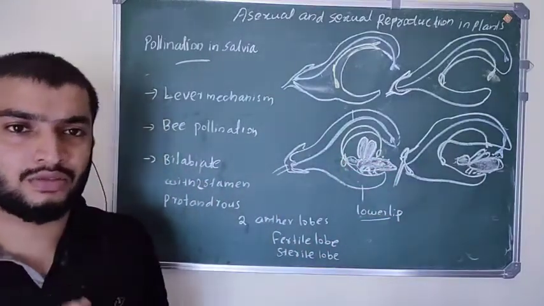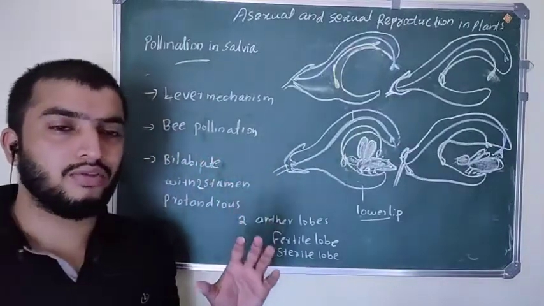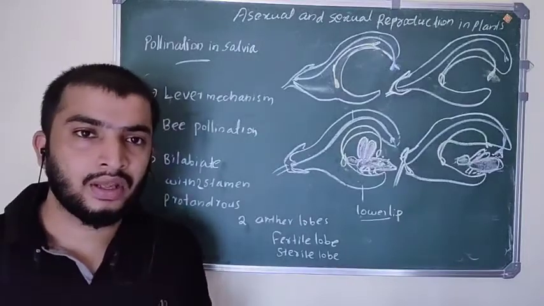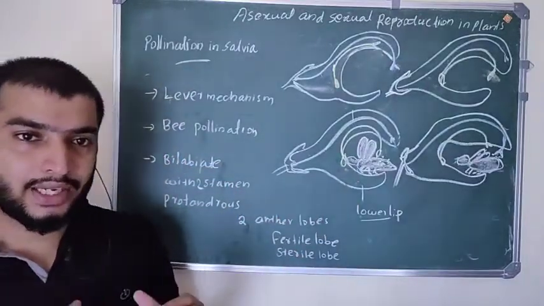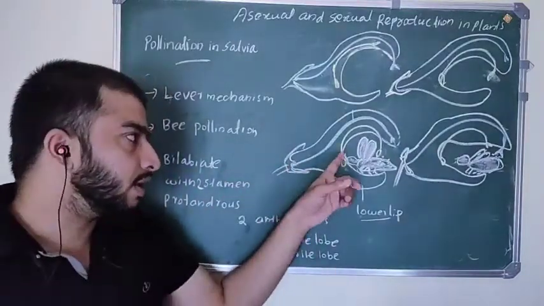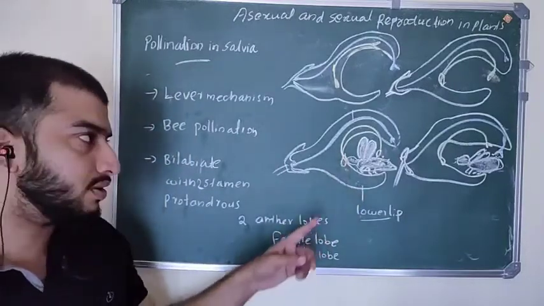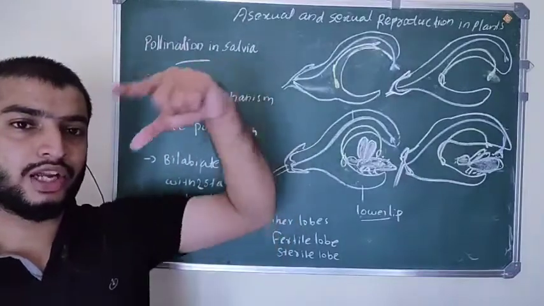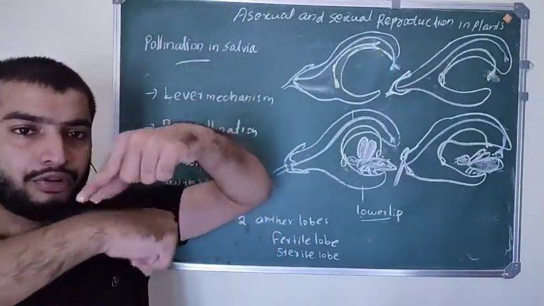So what happens is, once again a bee comes into a flower for getting nectar, and sits on the lower lip of the flower. While taking nectar, they push or strike on the sterile end of the connective, which results in descending of the fertile envelope, and this fertile envelope strikes on the back of the bee.